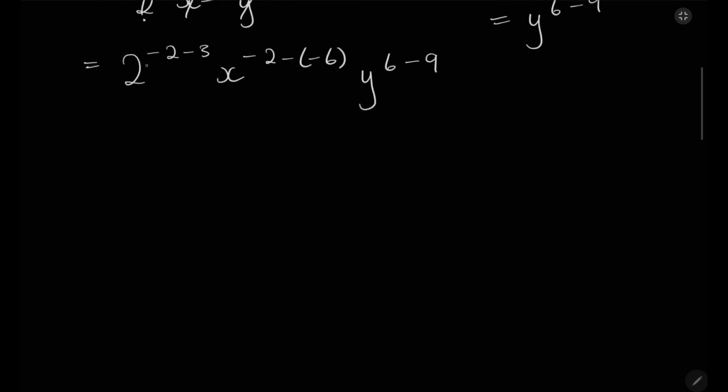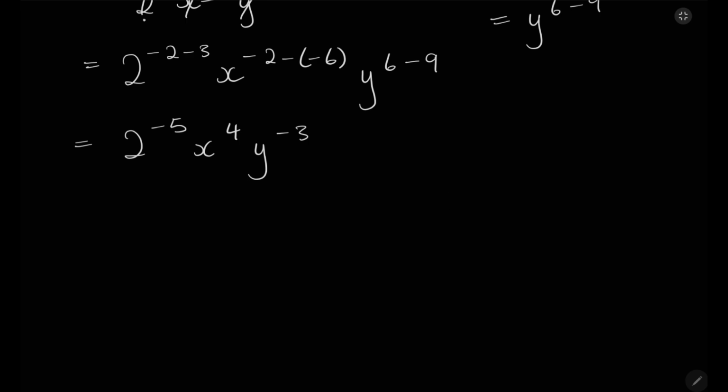You have 2 to the power negative 2 minus 3, which is 2, negative 2 minus 3 is negative 5. Times x, we have negative 2 minus negative 6. Negative 2 minus negative 6 is 4. Then y, we have 6 minus 9, which is negative 3.